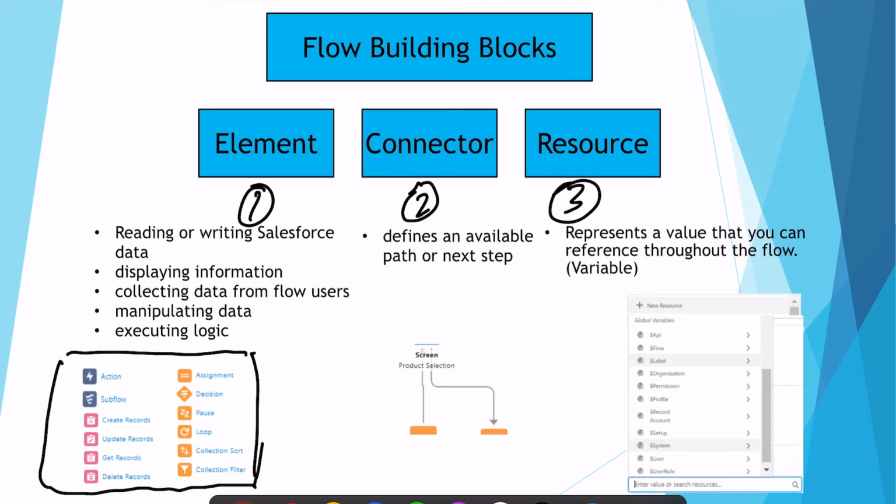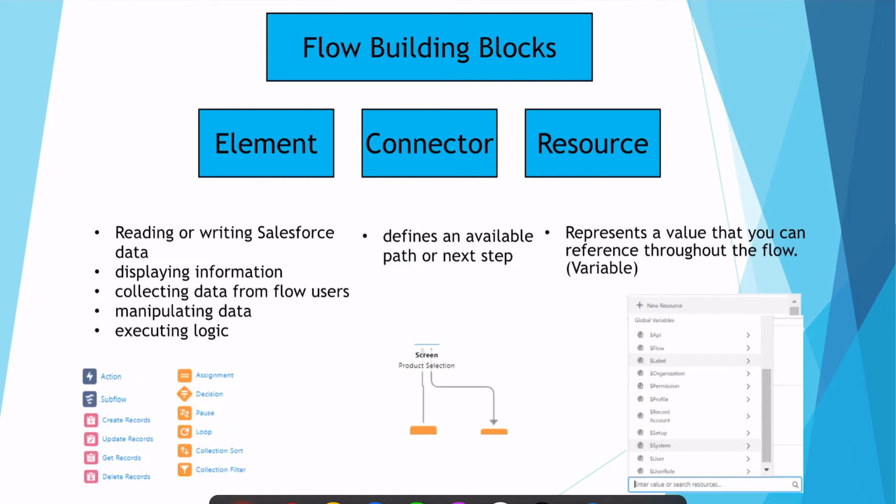These will help you manipulate the data and execute the logic. And if you would like to collect data from the flow user, you can use the Salesforce standard resources that are available in flow, like user detail, or you can use Get Records as a SOQL.